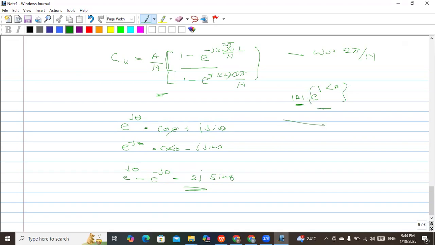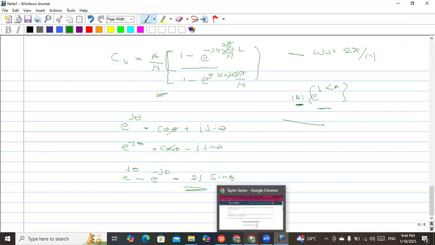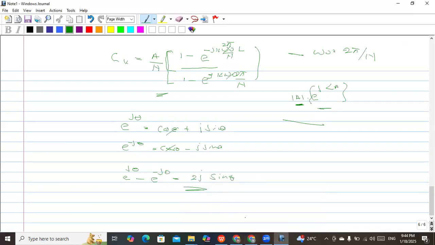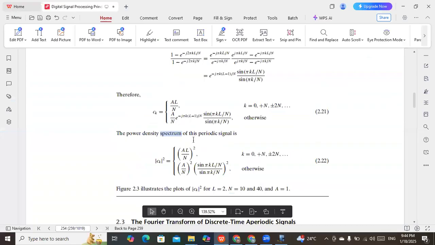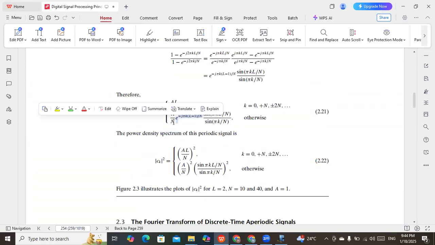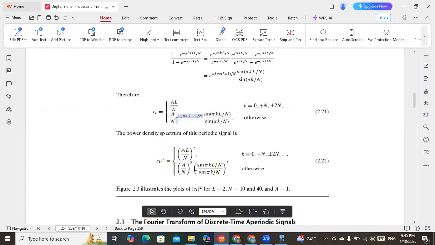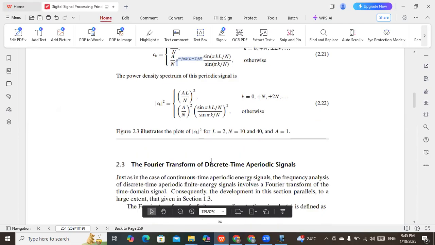The same composition is there, and if you remove these terms, this one and this one will be the magnitude, so it is squared. I think you can get this, so try to get this. I have done it. This is how this result is obtained.